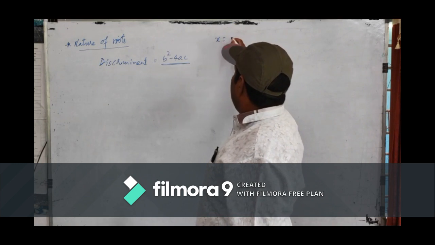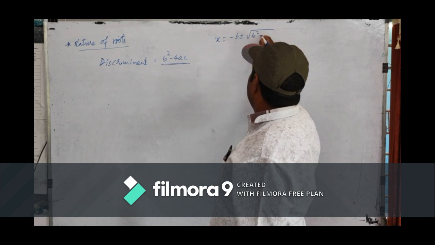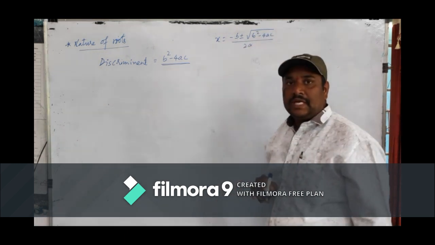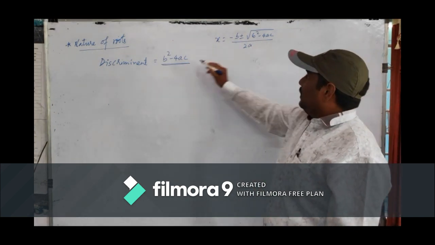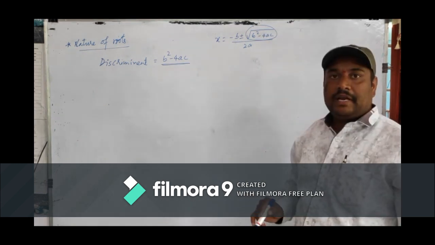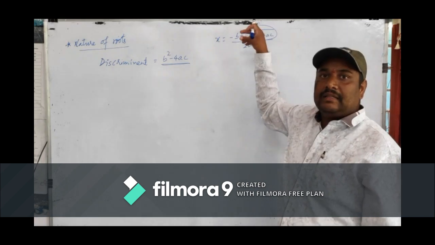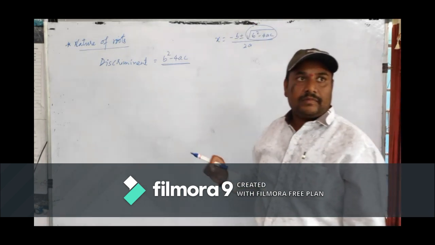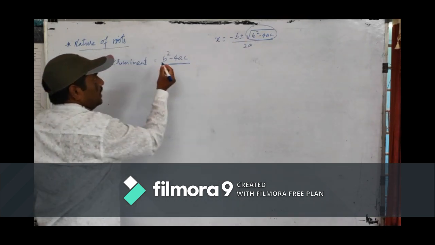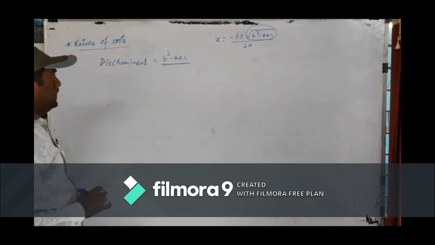It is in the formula x is equal to minus b plus or minus under square root b square minus 4ac divided by 2a. In this formula, this term is under the square root. It means nature of roots depends upon the term which is under the square root, that is b square minus 4ac.